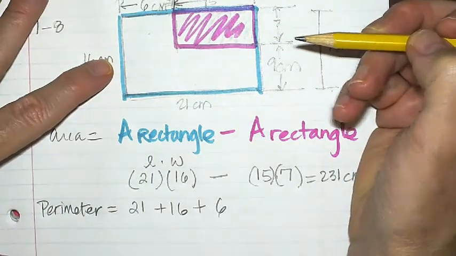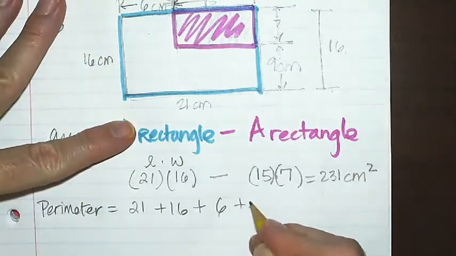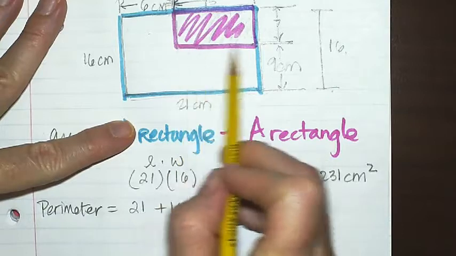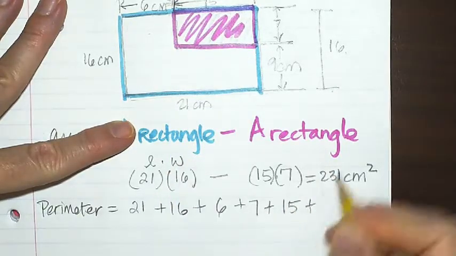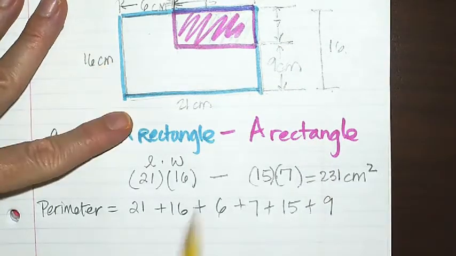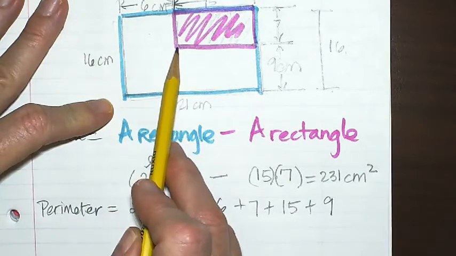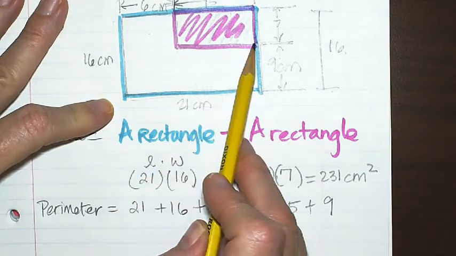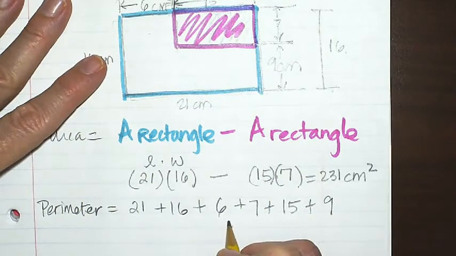Plus, okay, so I need this length right here. We figured out that was 7. I need this length right here. That's 15. I need this length, which is 9, and I think that's everything. 21, 16, 6, 7, 15, and 9. Okay, so let's just add these up real quick.